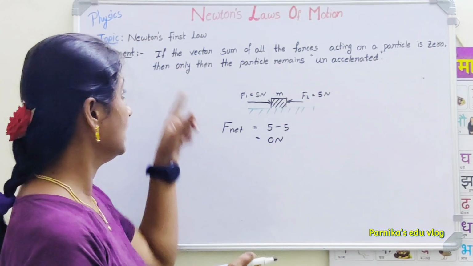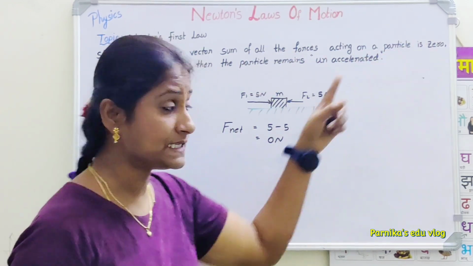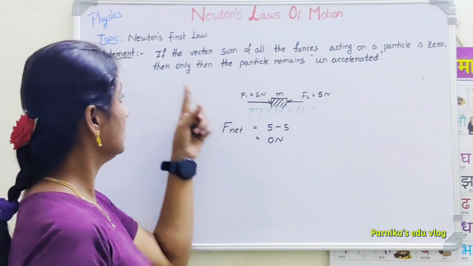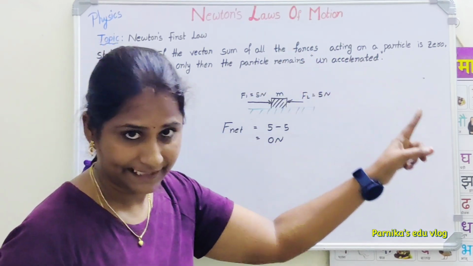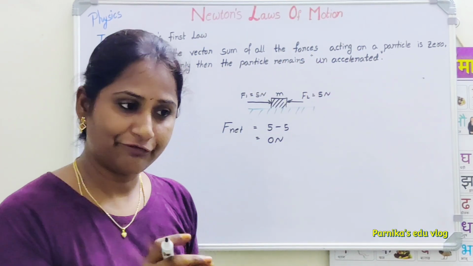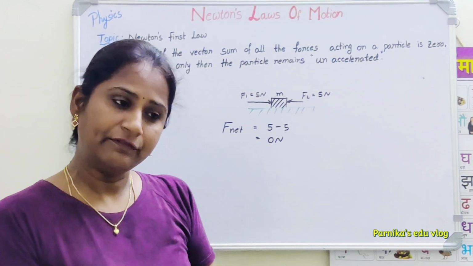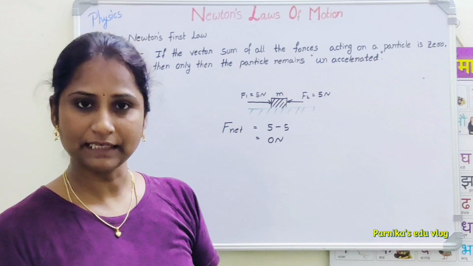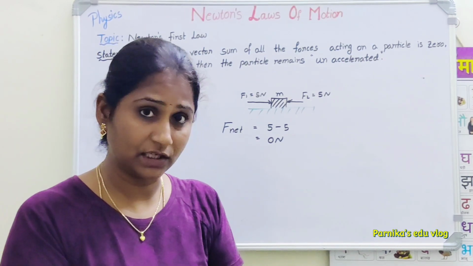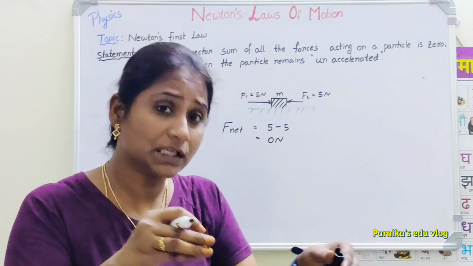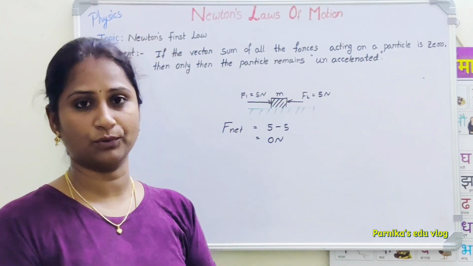So if the vector sum of all the forces acting on a particle is 0, then only the particle remains unaccelerated. It means if the net force on any particle is 0, it will stay at rest if it was previously at rest, even though forces are acting on it, because the net force is 0.